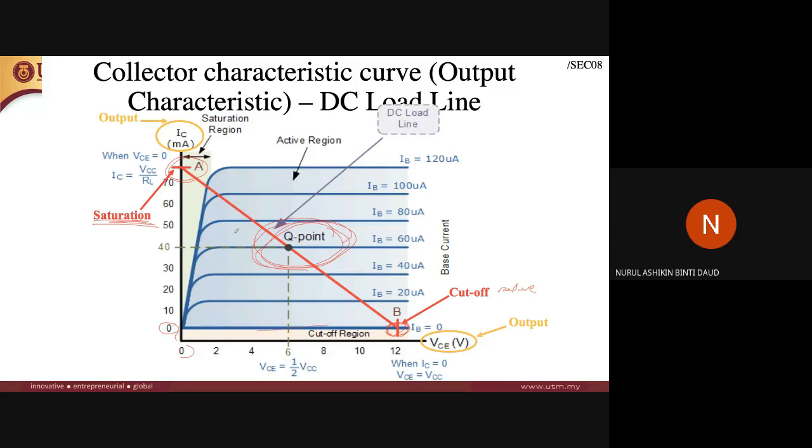At the y-axis, when VCE is equal to 0, VCE is now equal to VCC. So VCC divided by RL gives you the value of IC.